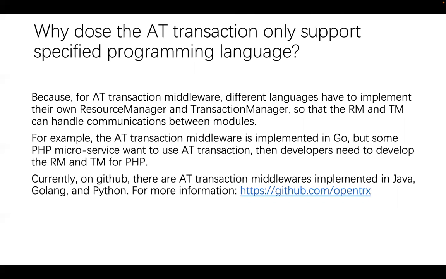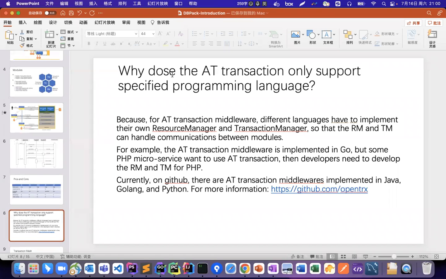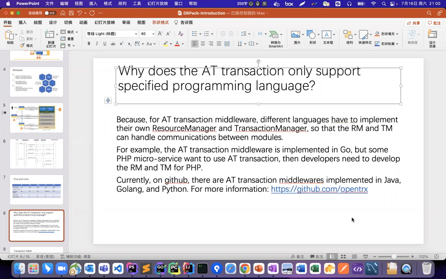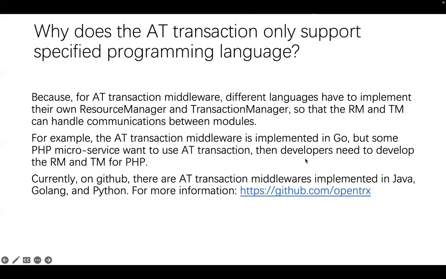For example, if the AT transaction middleware is implemented in Go language, but some PHP microservice wants to use AT transaction, then developers need to develop the RM and TM module for PHP. Okay. And currently on GitHub, there are some AT transaction middlewares implemented in Java, Golang, and Python. For more information, you can open this link to explore more.